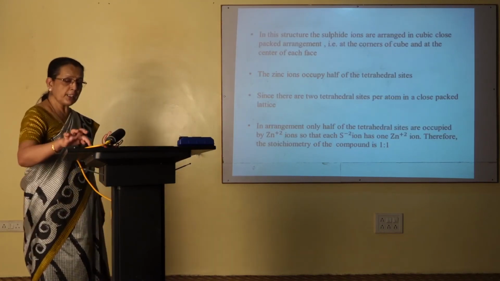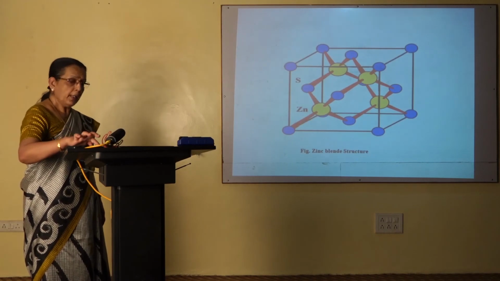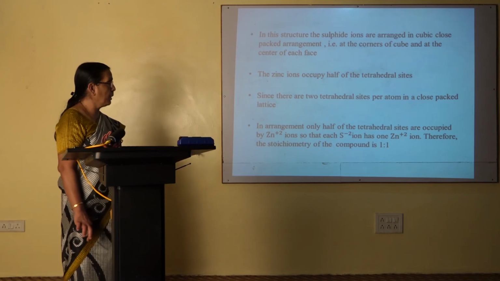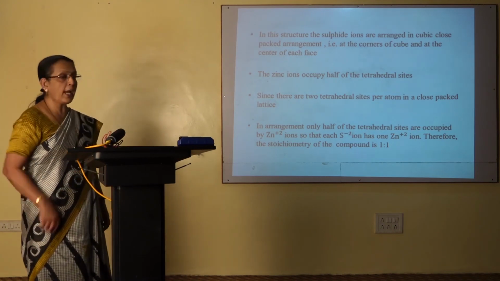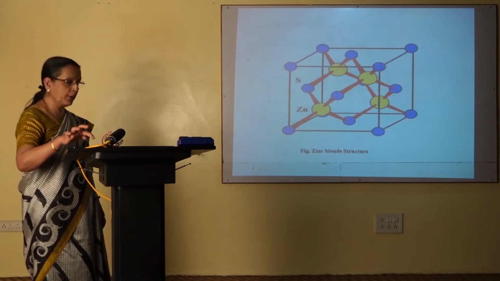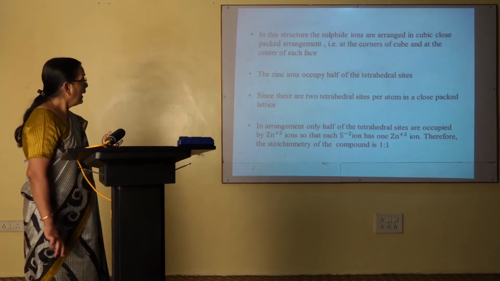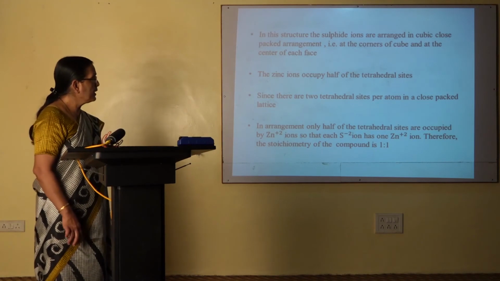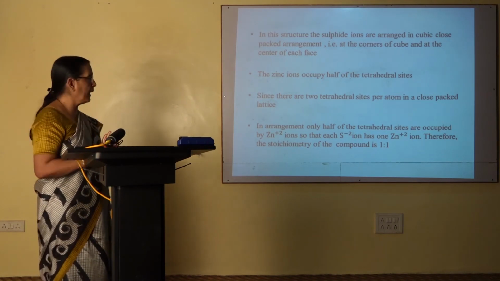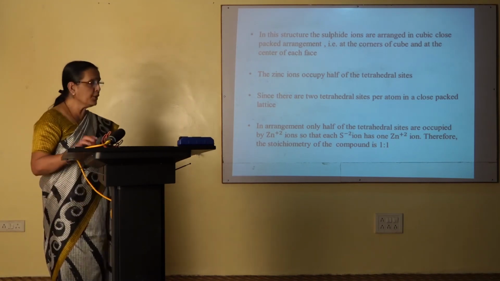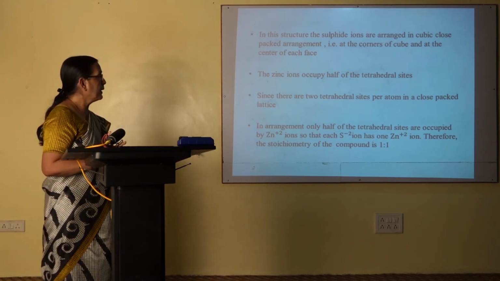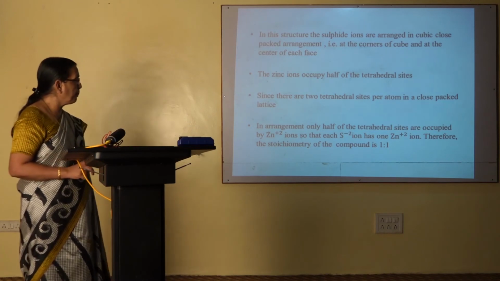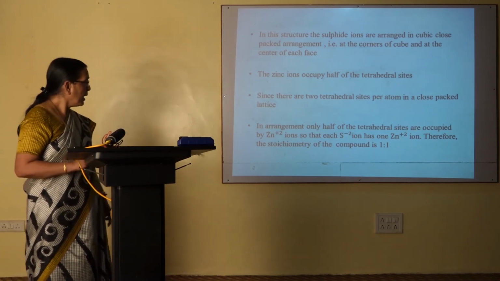In this structure, see the structure. In this structure, the sulphide ions are arranged in a cubic close packed arrangement, that is at the corners of the cube and at the center of each face. The zinc ions occupy half the tetrahedral sites, since there are two tetrahedral sites per atom in a close packed lattice.